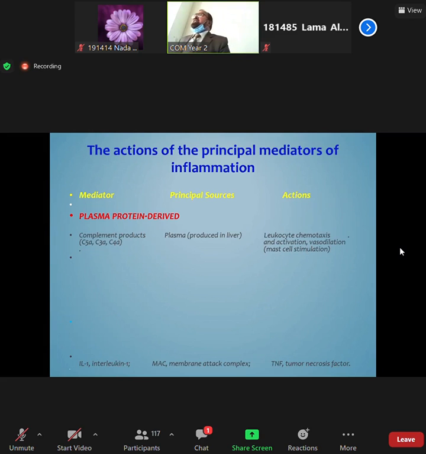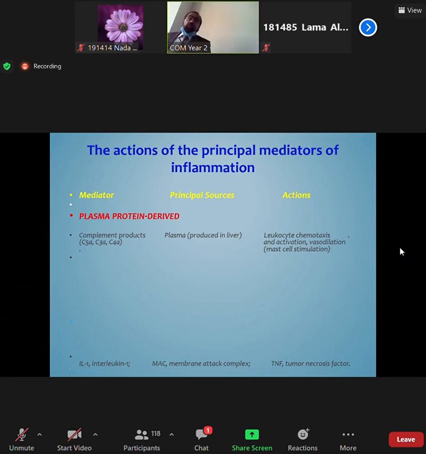What is opsonization? Yes, when it attaches to the bacteria, it attracts the leukocyte to come and eat it, right? Phagocytosis, good. Plasma proteins are secreted from the liver, and they cause leukocyte chemotaxis, as you said, and activation plus vasodilation.